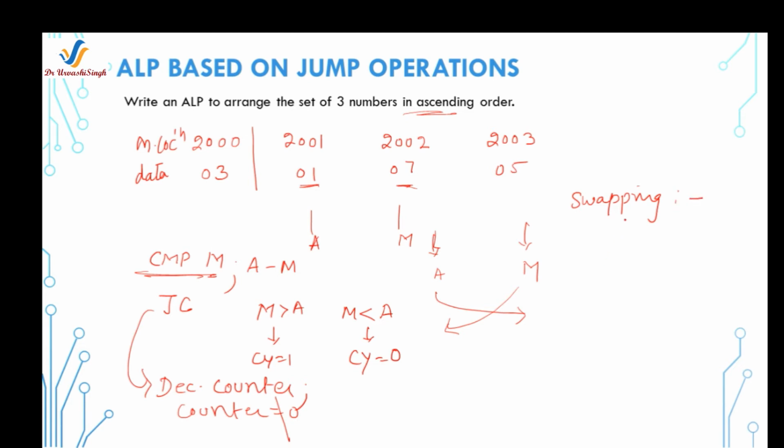For swapping, you need to first save the memory content into some other register, because if you directly copy the accumulator content into the memory location, then this number will vanish. So first save this number into some register and then copy the contents of the accumulator into this memory location. Up to this point, let me write the program and then I will go on to the next steps.